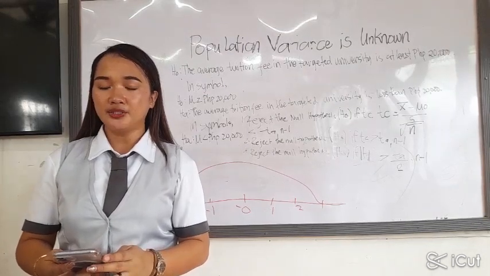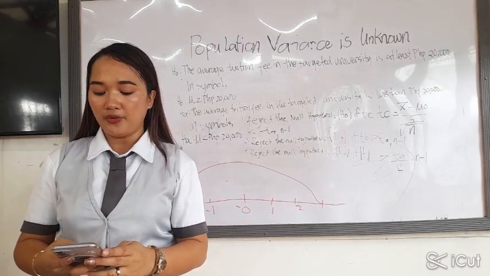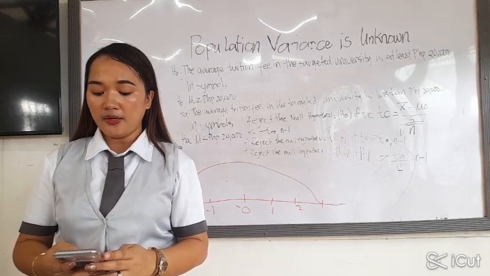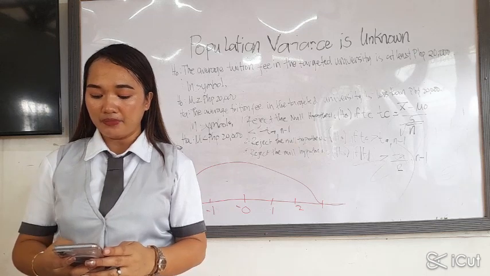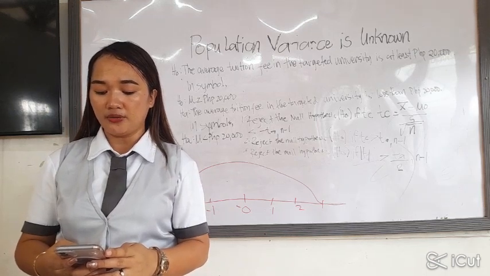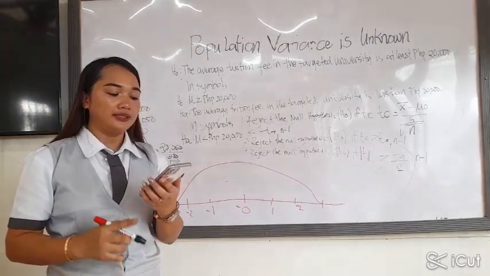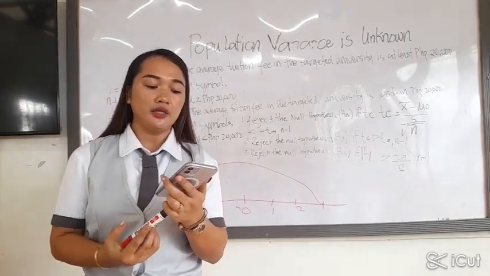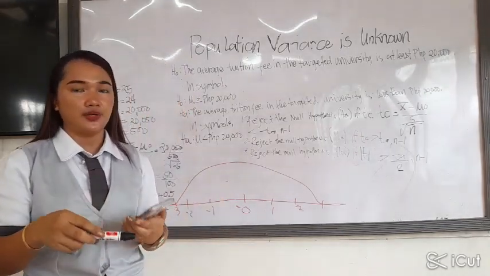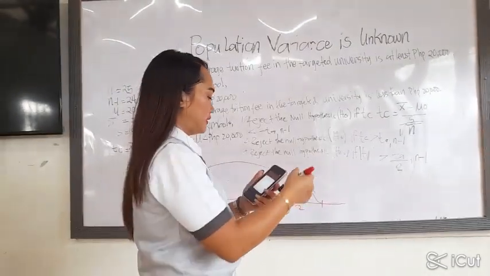Step 4. Make a decision. With the computed value of the test statistic equal to 0.5, the next step is to use the decision rule. Reject the null hypothesis if t sub c is less than negative t sub alpha. Otherwise, we fail to reject the null hypothesis.